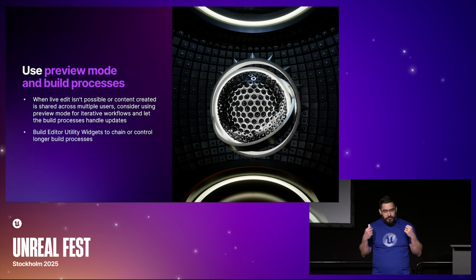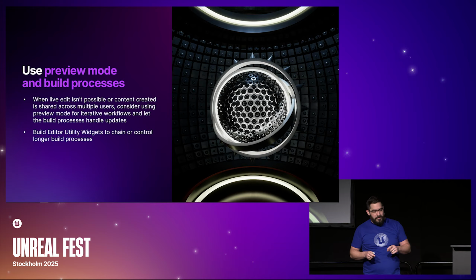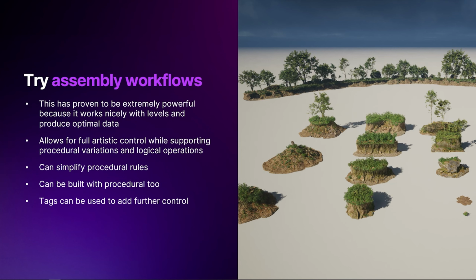You can also use editor utility widgets to chain what PCG graphs need to execute in which order, which I think is really helpful. Speaking of editor utilities with assembly workflows, this is really, really powerful, right? I have a thing that I can edit. I can tag those things.